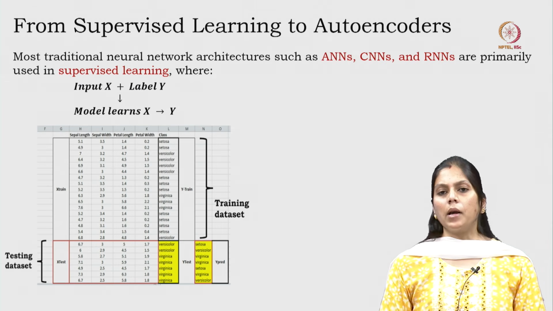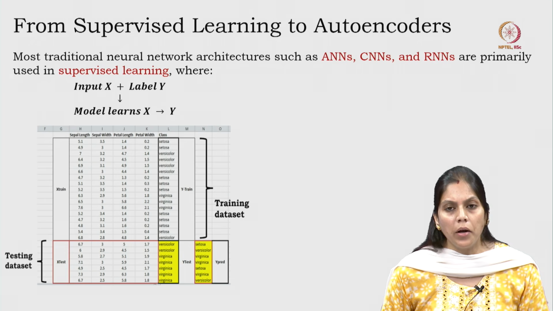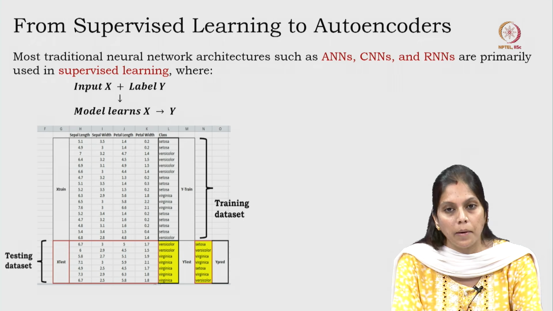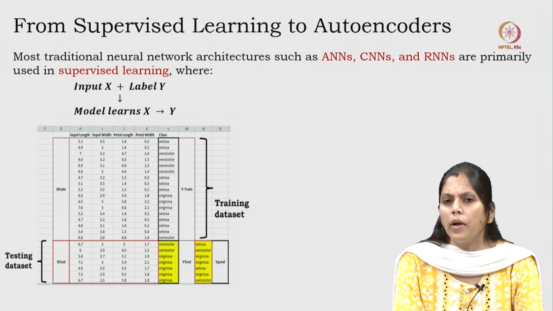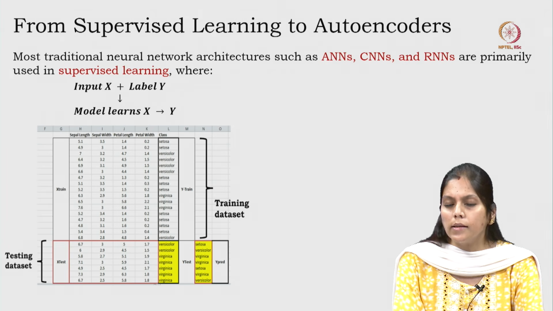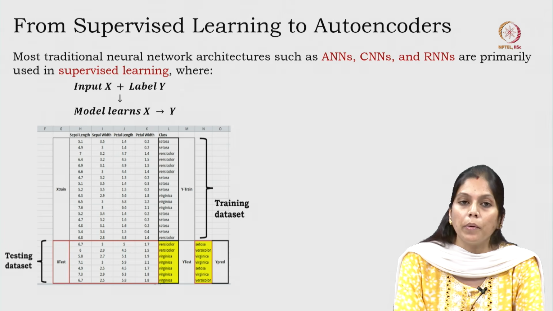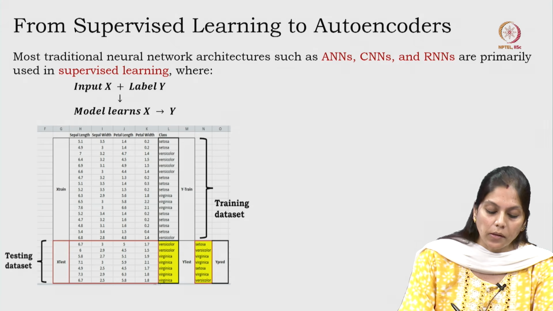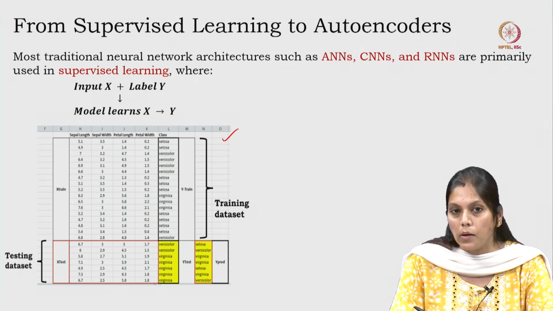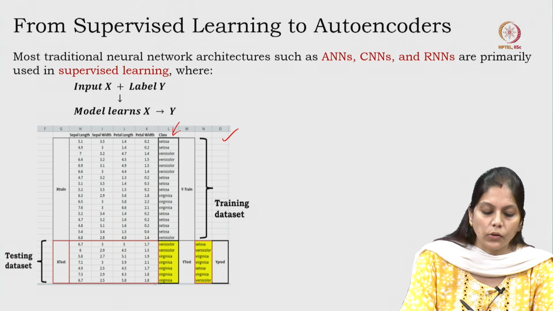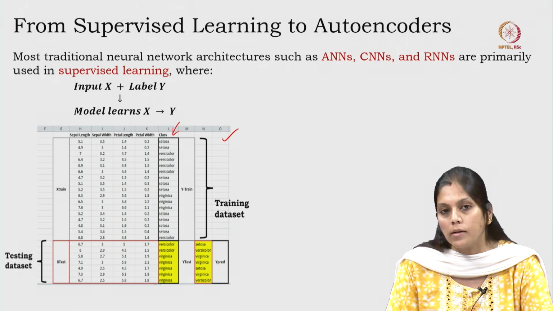Okay, where are we coming from? So far we have seen the neural network architectures such as ANN, CNN, RNN. So we have seen these deep learning models, whereas all these are primarily used for supervised learning. Now what is supervised learning? If you see, this is one of the examples for supervised learning, where we have samples and we have a label associated with each of these samples.